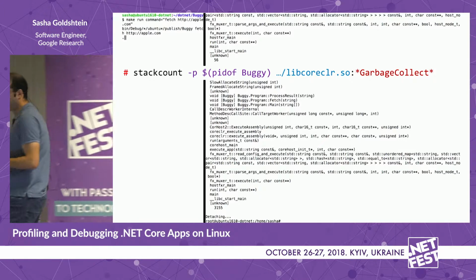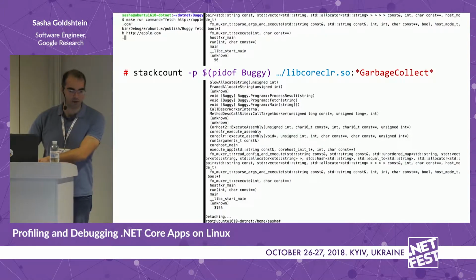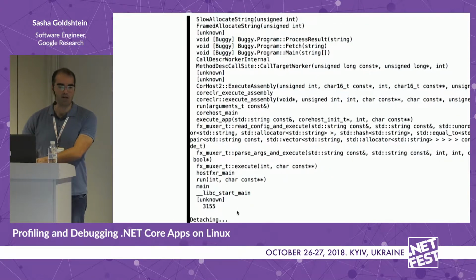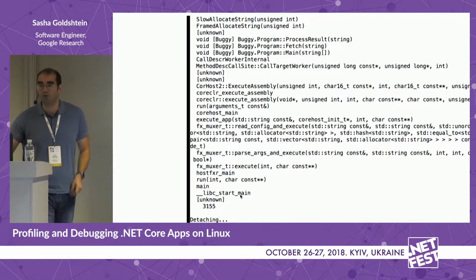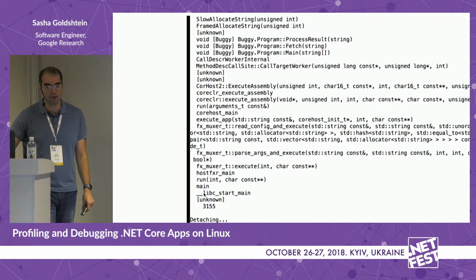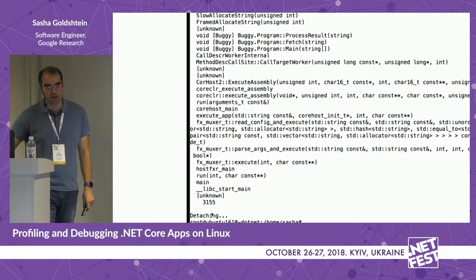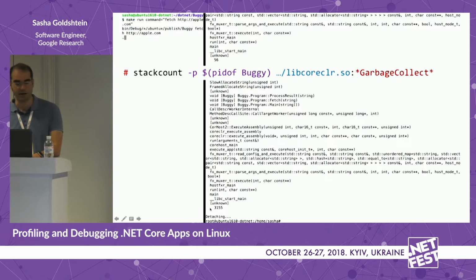So here's some output from stackcount. This is a stack trace, right? You read this one, like all the others, from the bottom, so main, all the way to the top, to slow allocate string, our good friend. And this stack trace was seen 3,155 times, okay?